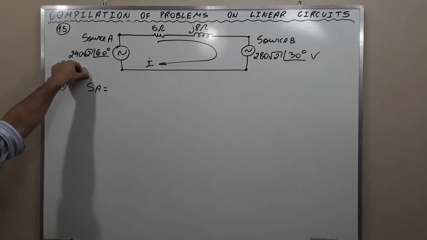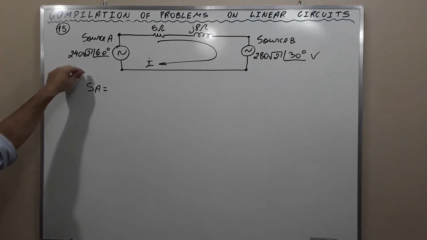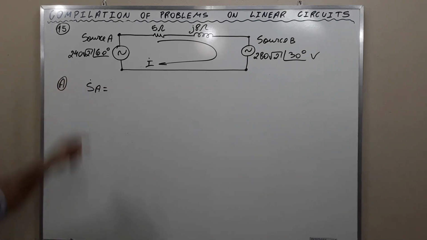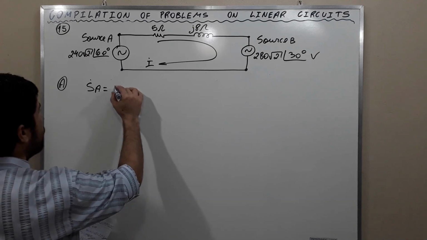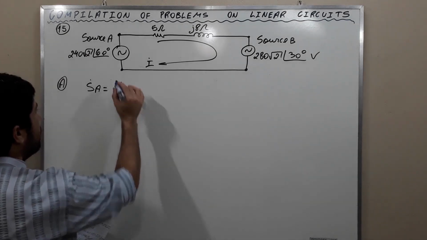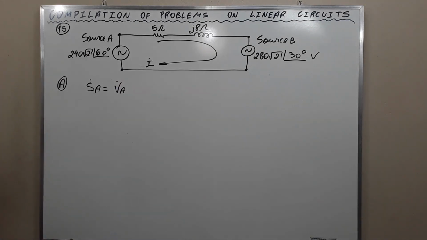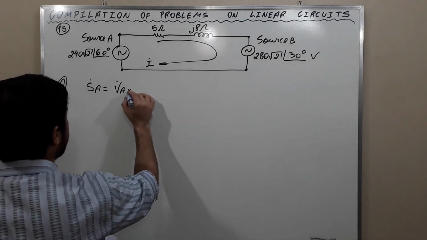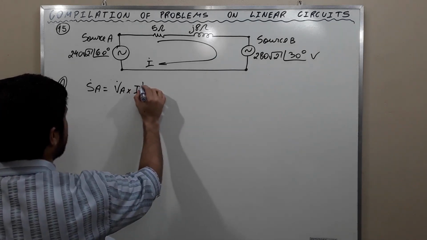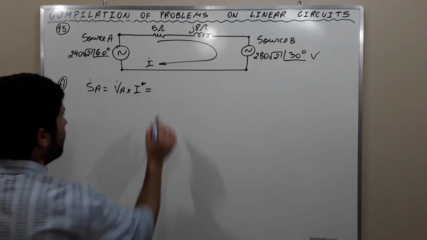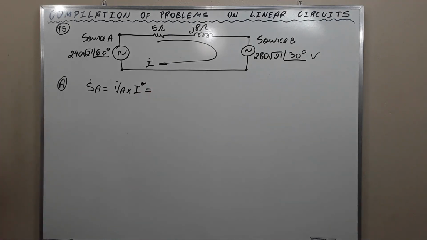Without the dot, it is the apparent power. With the dot on top, it is the complex power, and it is equal to the multiplication between the voltage phasor and the complex conjugate of the current phasor.